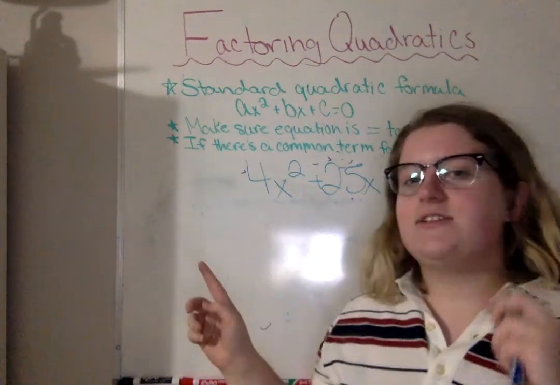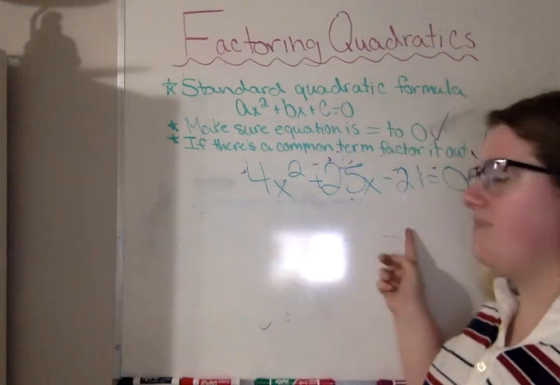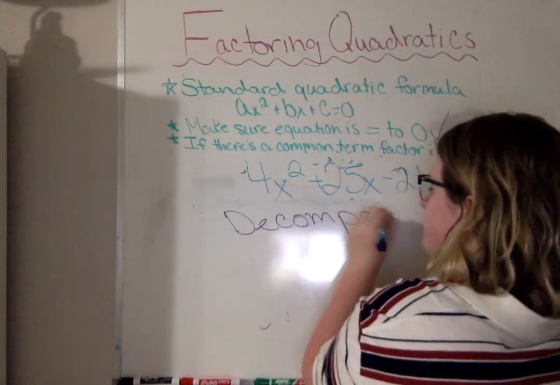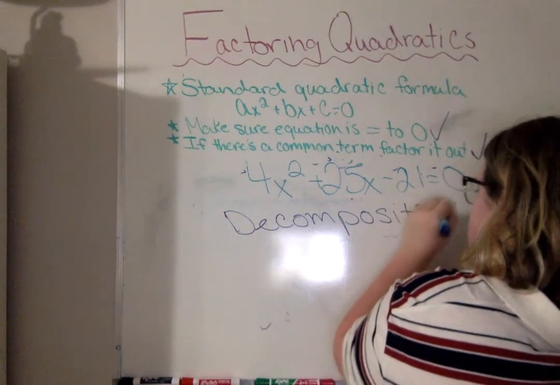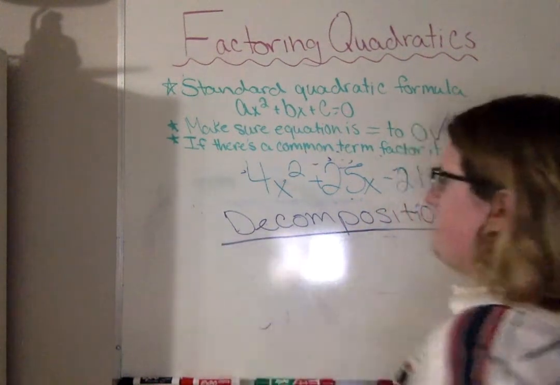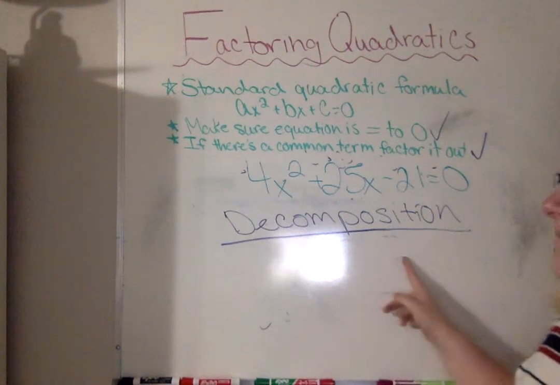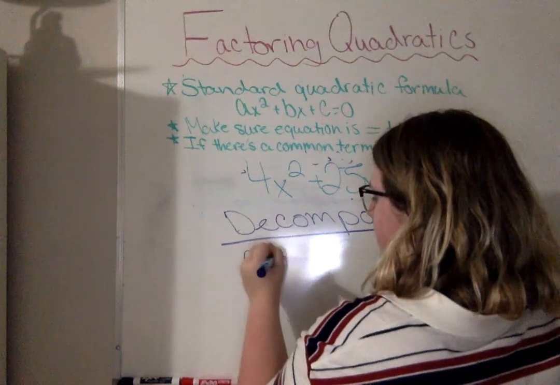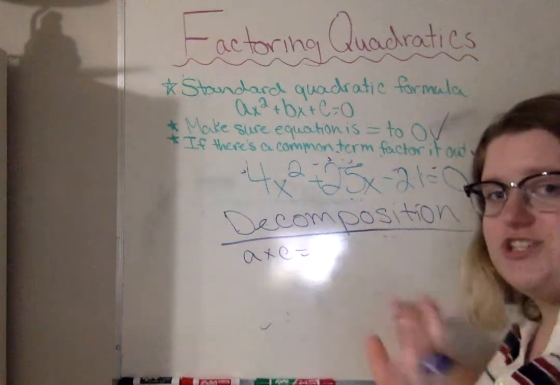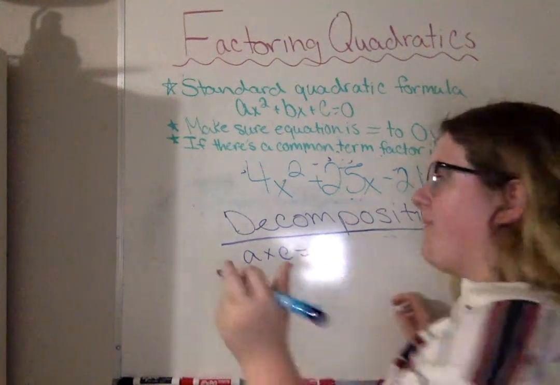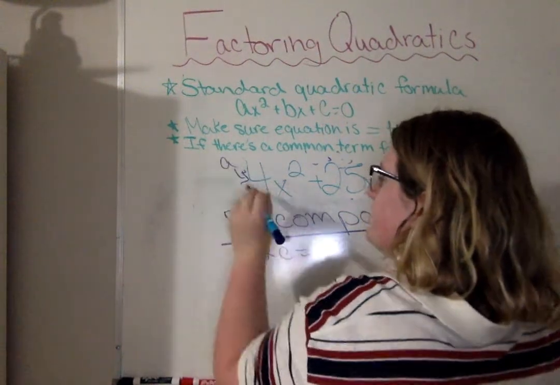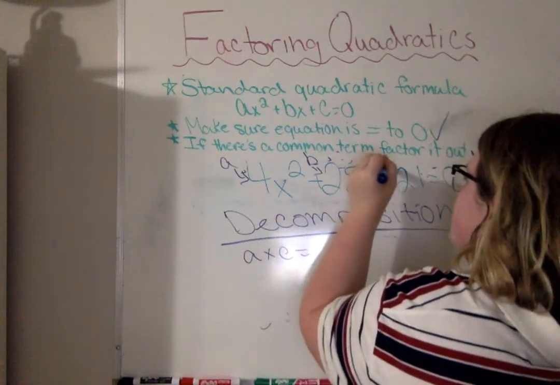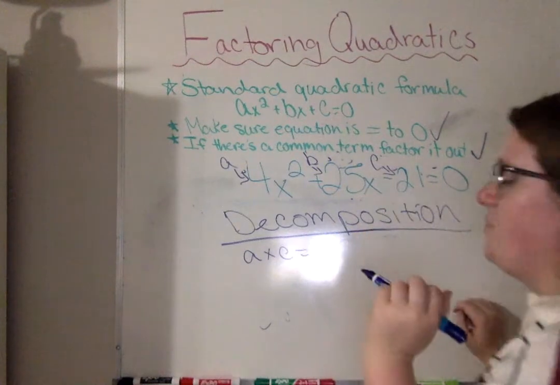I'm going to explain to you a way to do this math to simplify it, called decomposition. We need to start off by multiplying our A term by our C term. And just to remind everyone back at home, our A term is 4x squared, our B term is 25x, and our C term is negative 21.